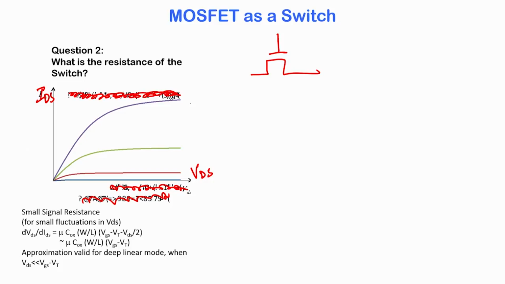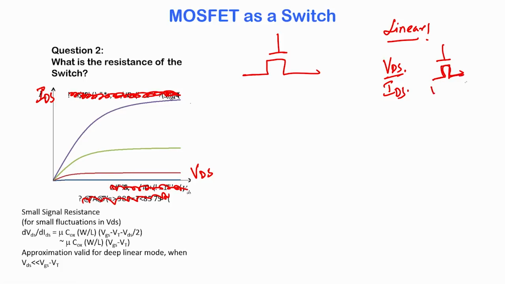In the previous slide we realized that we should bias the MOSFET in linear mode. Now, the question is, what is the value of the resistance? What is the output resistance of the MOSFET? We are talking about the small signal resistance, not a resistance measured as VDS by IDS, because even in saturation mode the MOSFET does have a finite resistance.